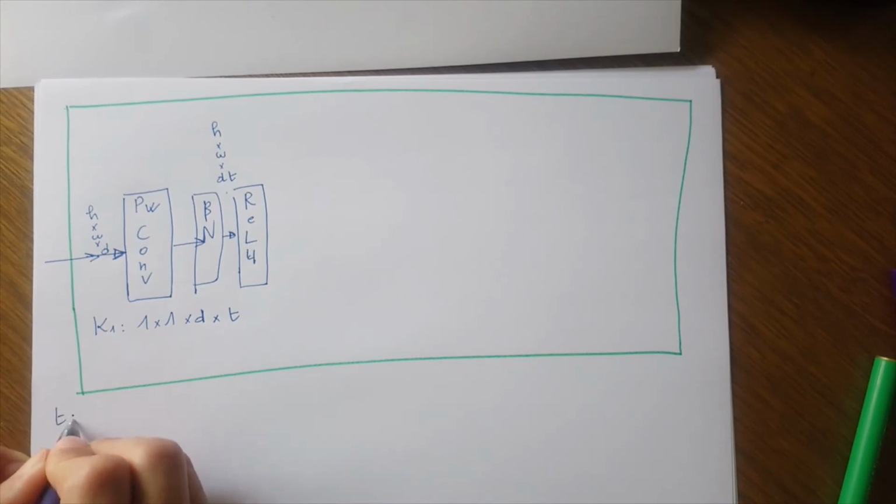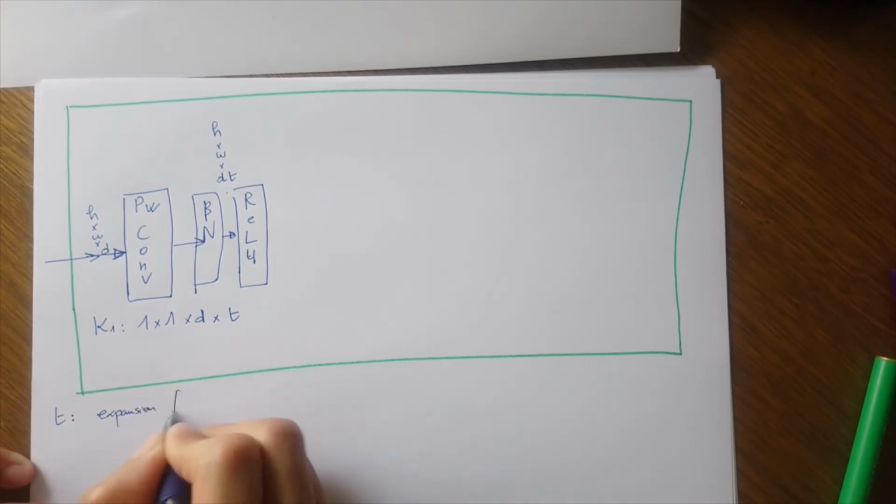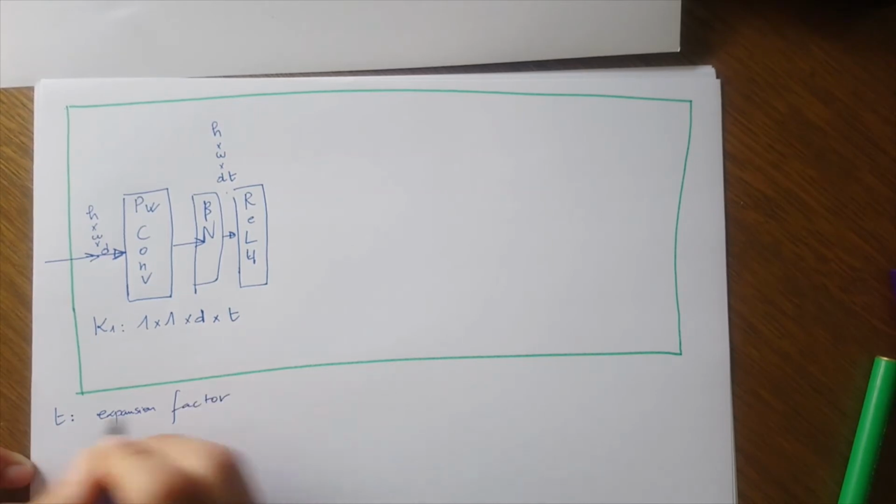T is the expansion factor. In the same paper it's also named the expansion rate. I don't know why they have used two different names. It was a little bit confusing, but whatever.